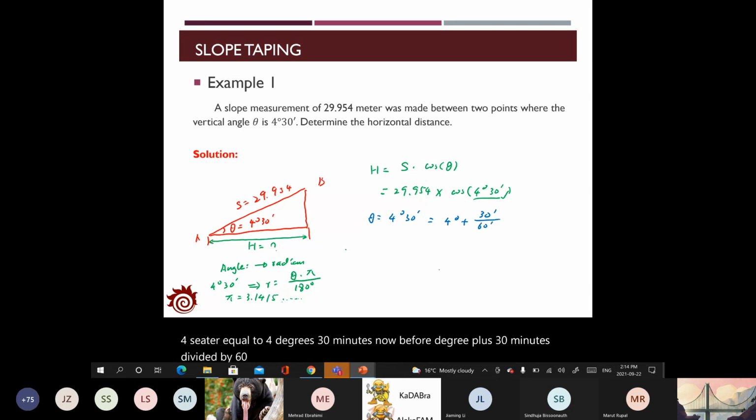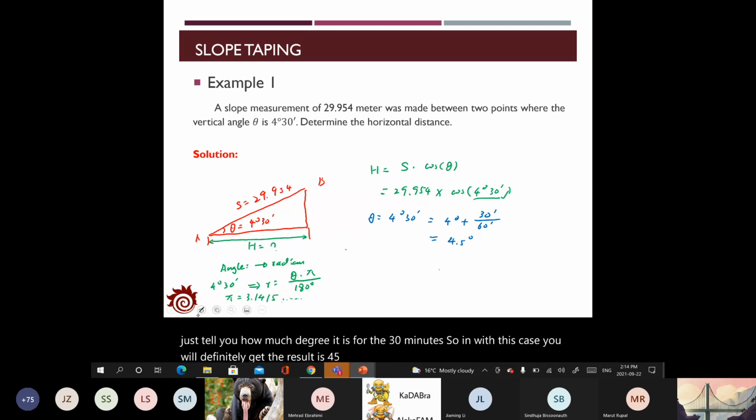Each degree represents 60 minutes, so this tells you how many degrees 30 minutes is. So you will get the result as 4.5 degrees.